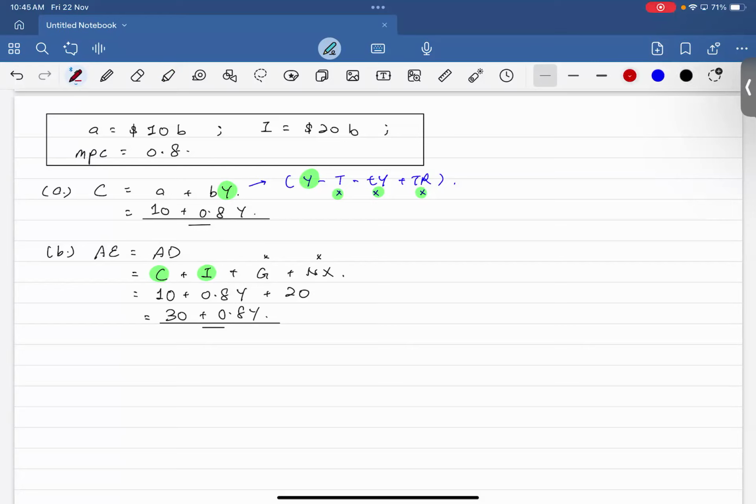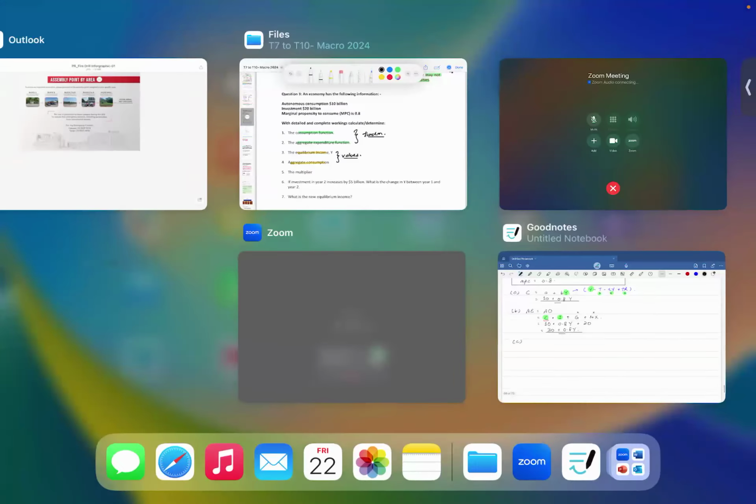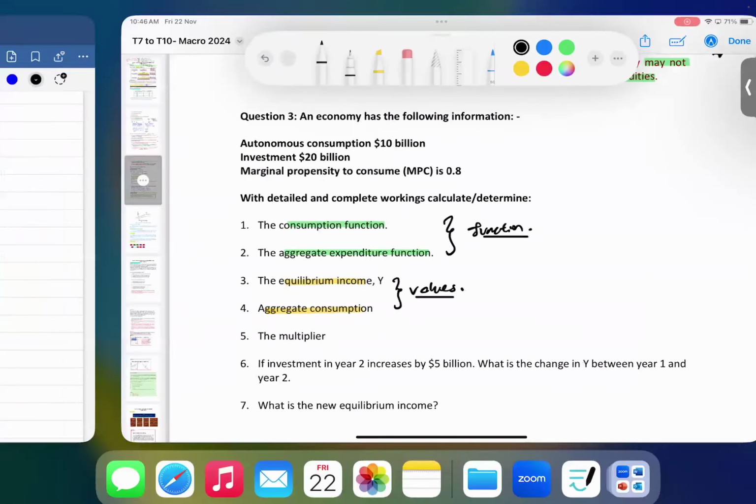So remember, for consumption, we put the function in now. Question C is to calculate what? Calculate equilibrium, right?